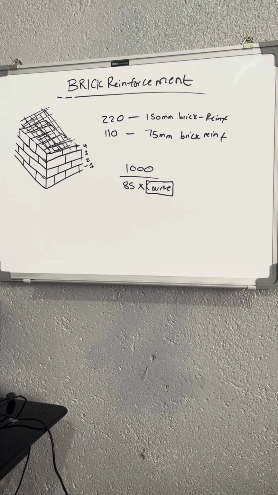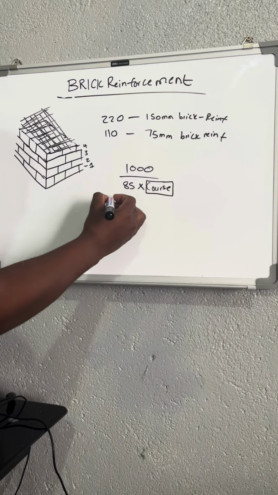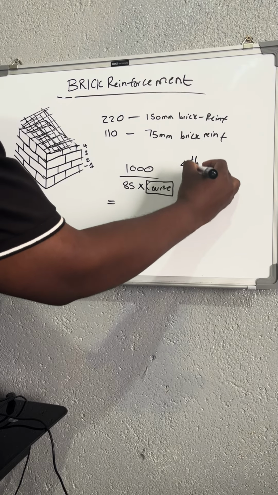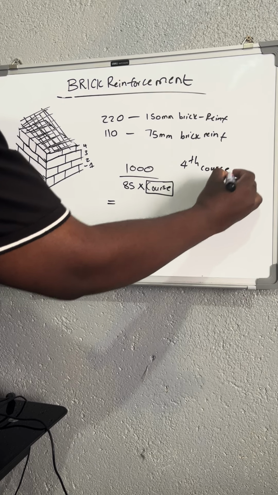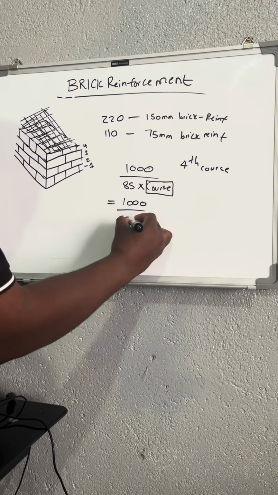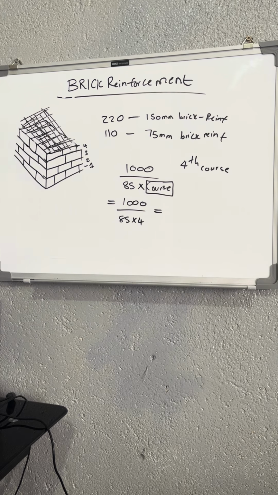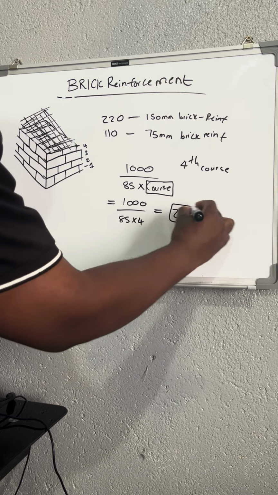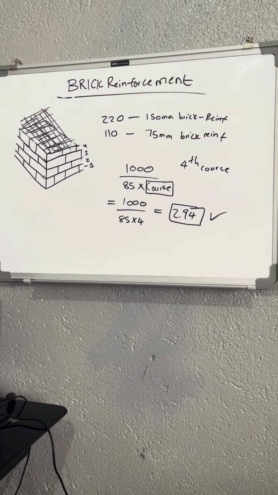Let's say they say your brick reinforcement is going to be placed at each and every fourth course. It means you're going to have 1000 over 85 multiplied by 4. Then you're going to get 2.94, which is going to be the factor that you're going to multiply by when you're doing those particular calculations.